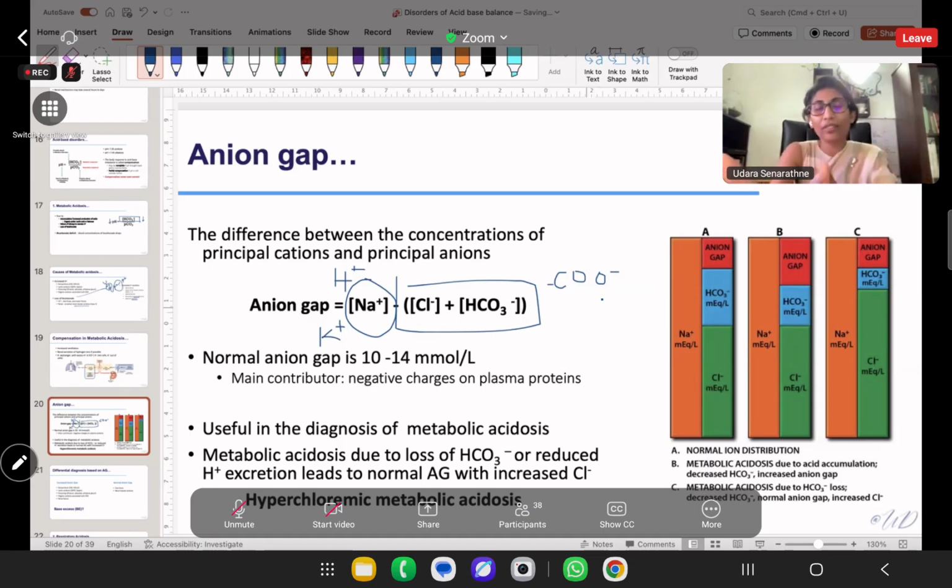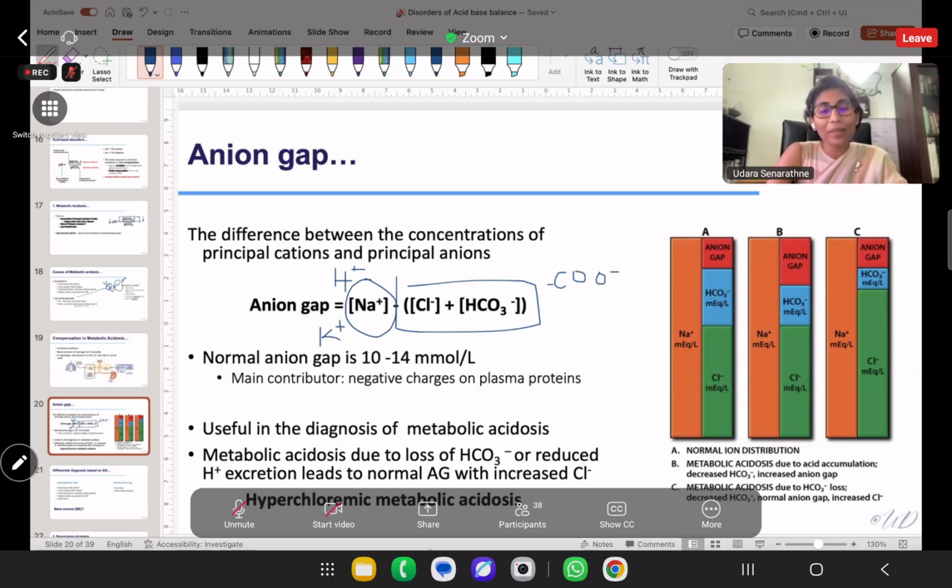Those you're not going to be measuring. So that's why you have this anion gap, because you're not measuring those. However, they are there. And when you measure the sodium and the usual anions, you are going to see there is a gap.